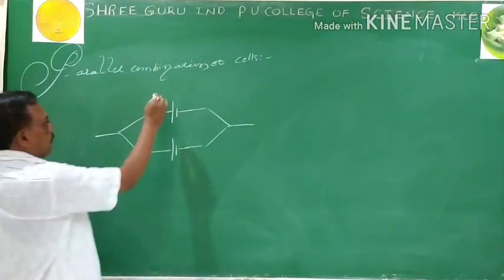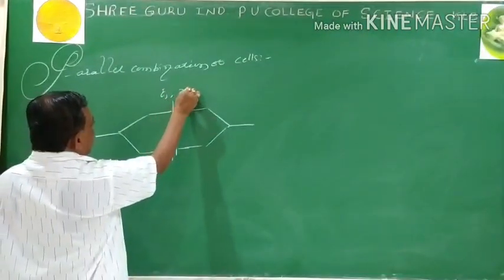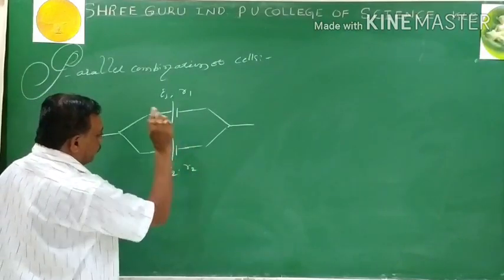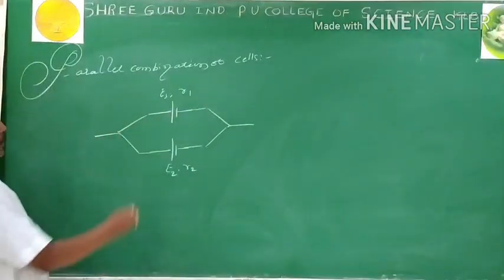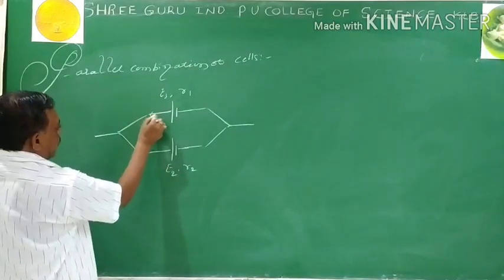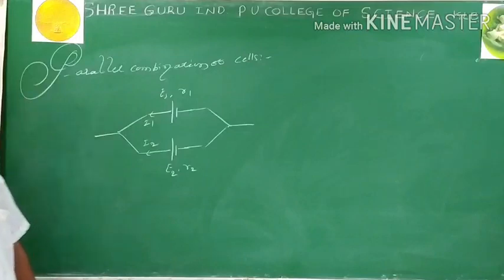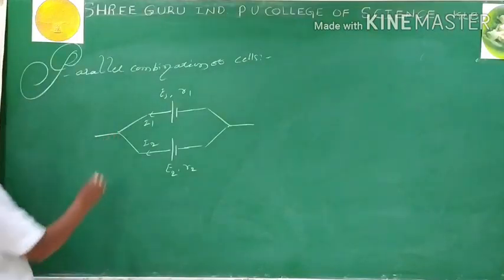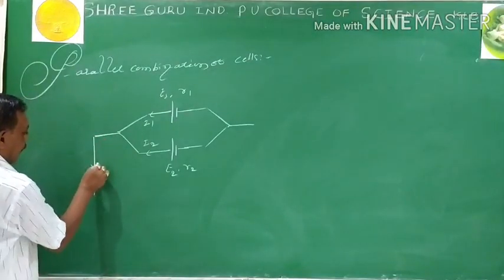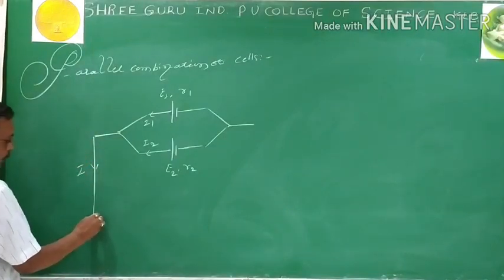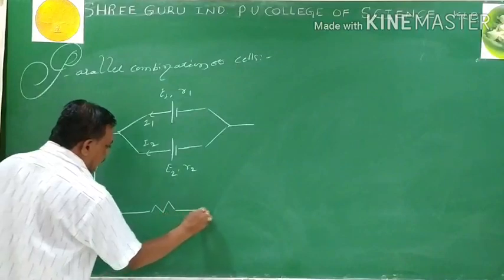The first cell has EMF E1 and resistance R1, the second cell has EMF E2 and resistance R2. They provide the current. The first cell provides the current I1, the second cell provides the current I2, and both currents merge here. We get the total current in the circuit. To make the current flow in the circuit, I need a conductor having the resistance R.